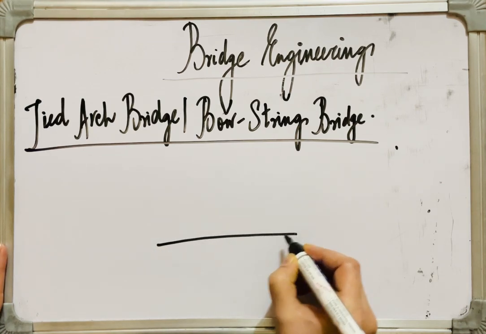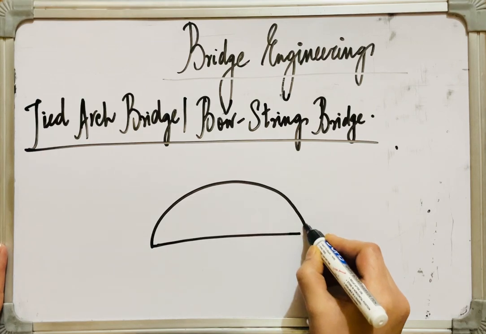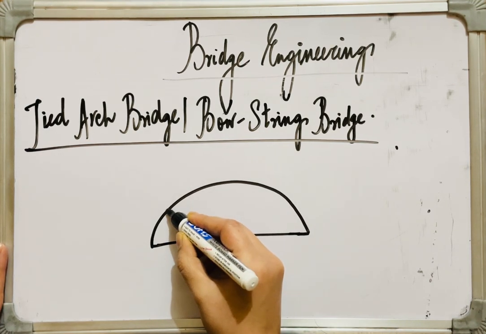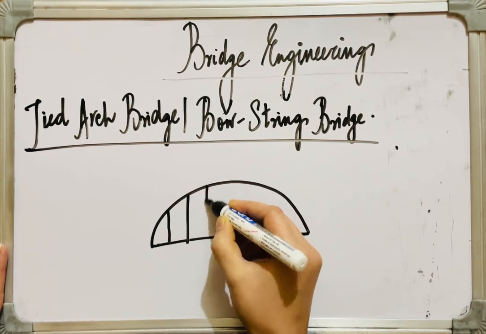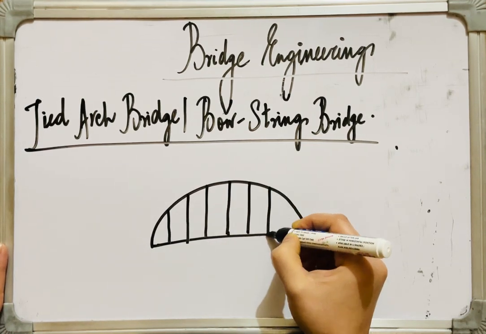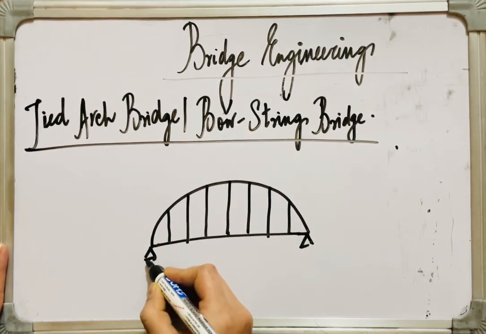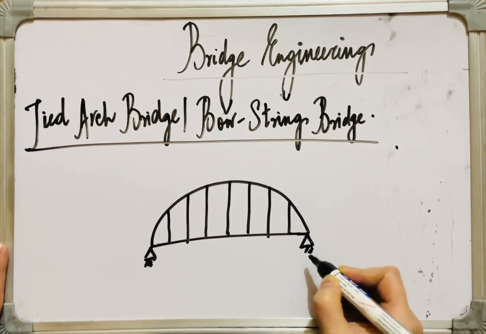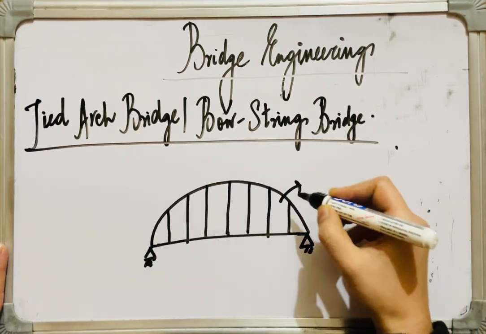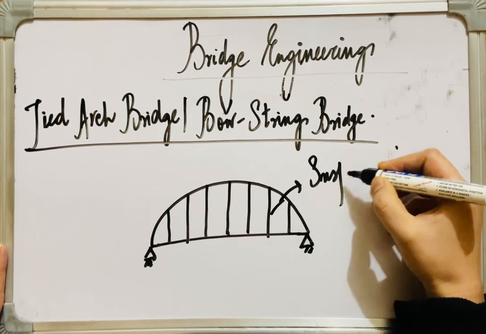First, let me show you diagrammatically. This can be the one support, this may be the other. This is known as a tied arch bridge, wherein these are hangers or suspenders.